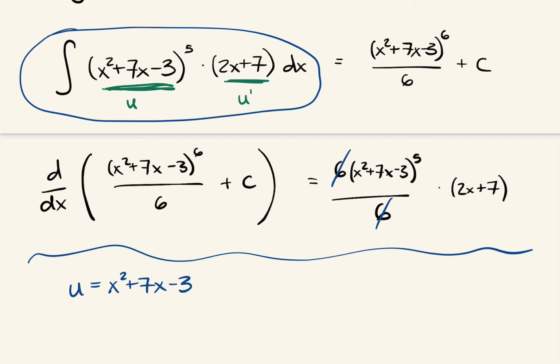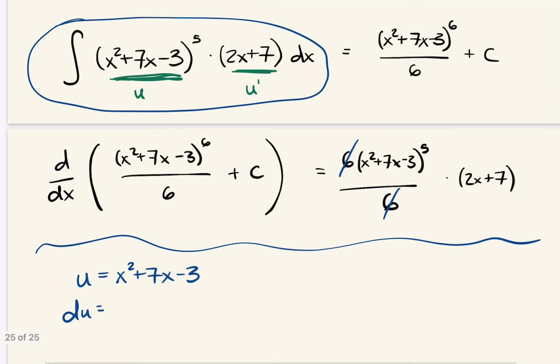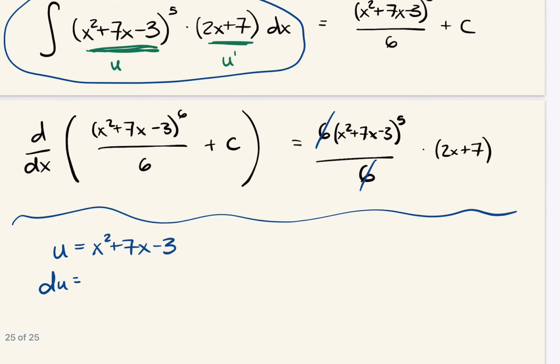That's going to be my substitution, or what we might call a change of variables. And then I would think du, kind of like doing differentials, right? du is 2x plus 7 dx.